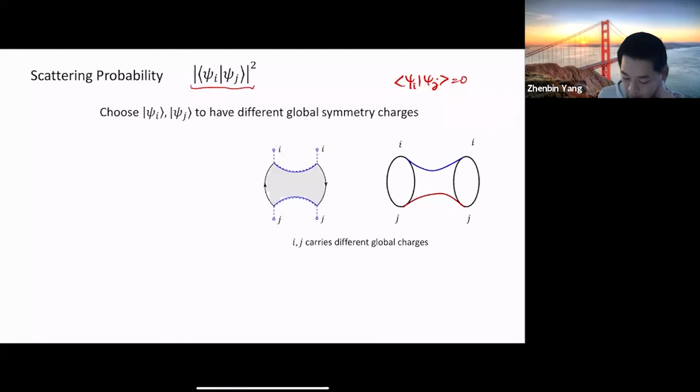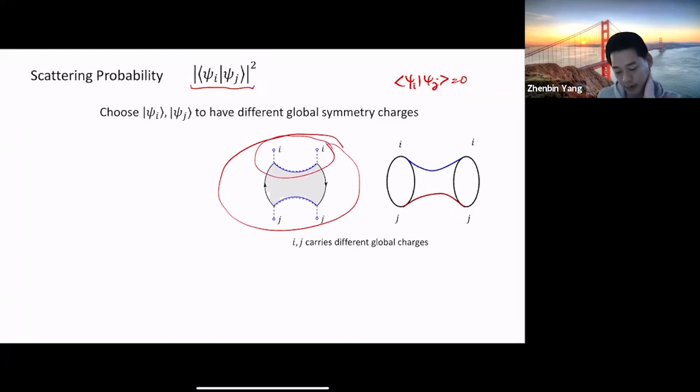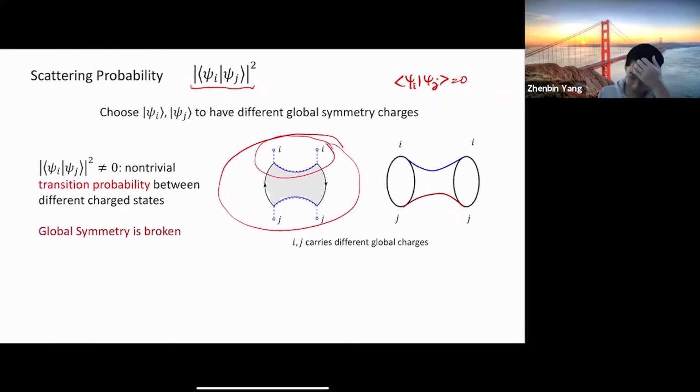That is because when you have a wormhole connecting these two boundaries, these two copies can form a singlet. In this model, we can assign this end-of-world brane some O(N) symmetry.